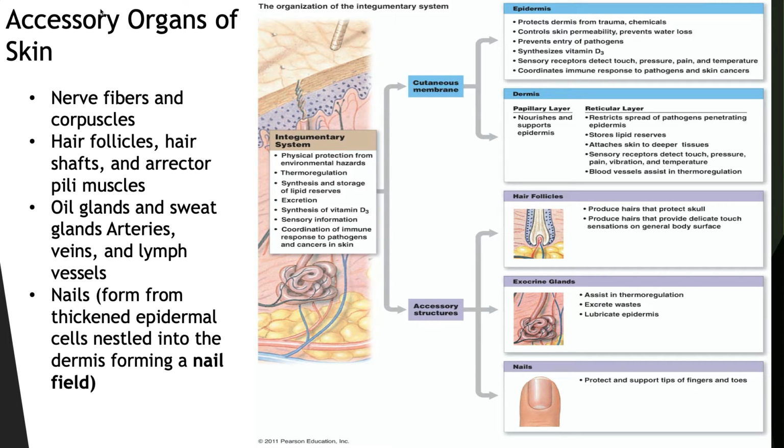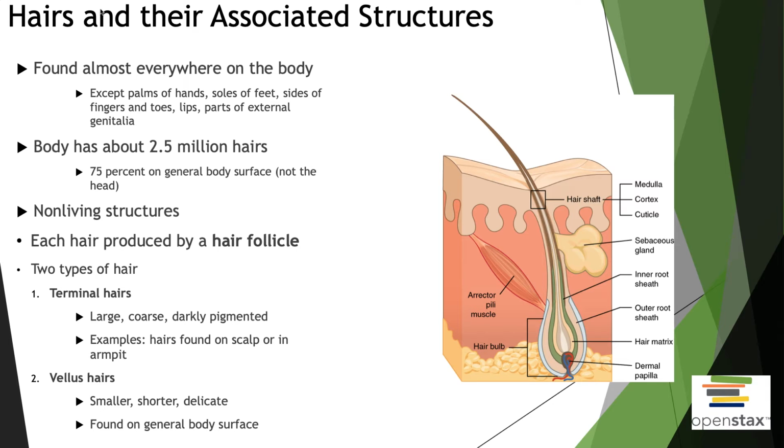So skin has several accessory organs. Among those include nerve fibers, corpuscles, hair follicles, all the things we talked about at the beginning. So, hairs. Hair follicles are a complex structure composed of epithelial cells and connective tissue that are responsible for the formation of a single hair. The hair follicle has three regions: the internal root sheath, the external root sheath, and the glassy membrane.